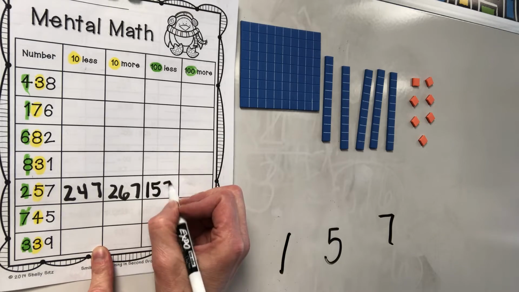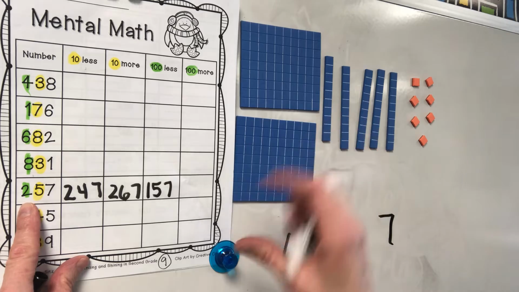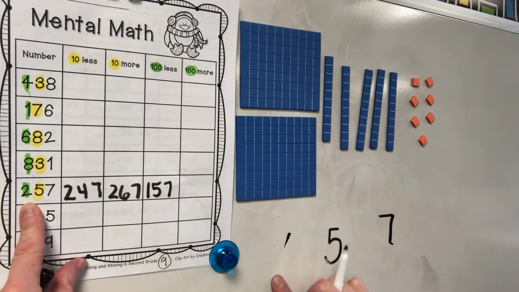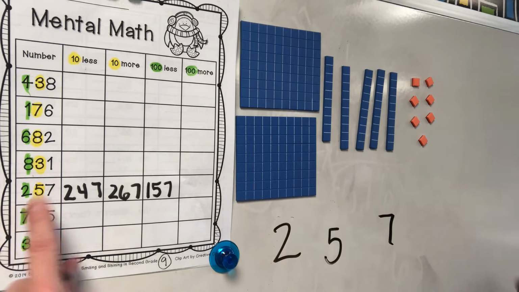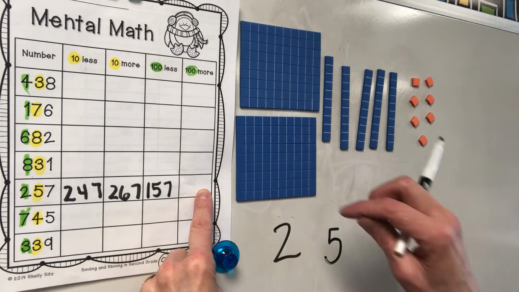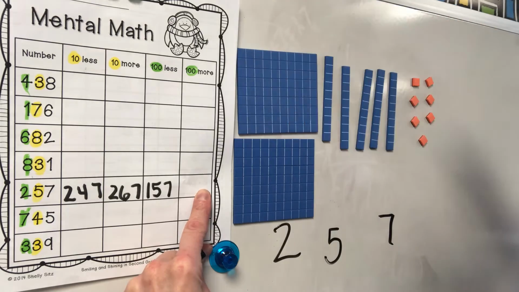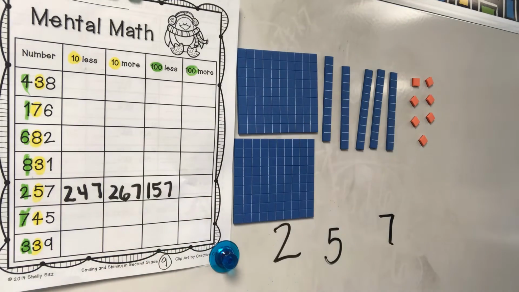Okay. And now we go back to the number 257. And now second graders, it says to add 100 more. All right, so I'm gonna squish those together, and I'm going to add a 10.